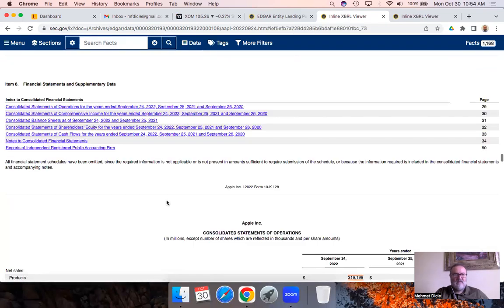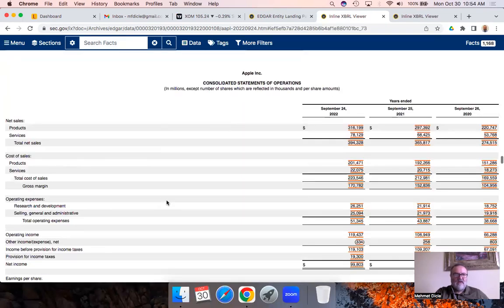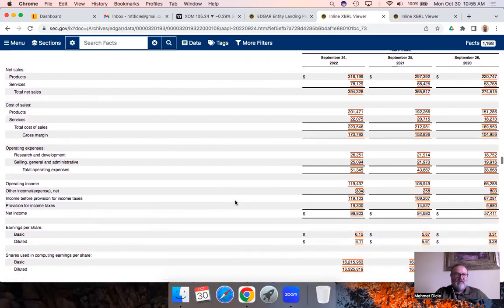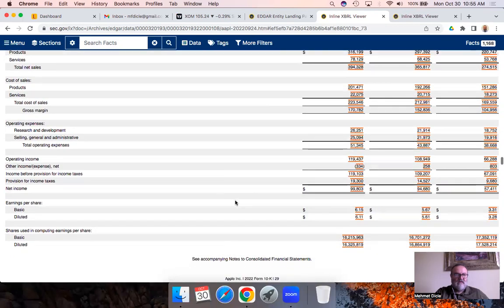financial statements, right? If you look at the total sales, you're looking at $394 billion as of September 24th, 2022. And then when we look at the net income, you're looking at about $100 billion.